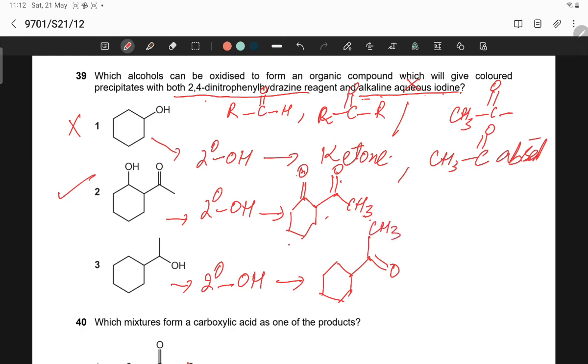So this product also gives a positive test with both 2,4-dinitrophenylhydrazine reagent and alkaline aqueous iodine, because the ketone, this double bond O, is present directly with CH3, so it gives a positive test with both reagents. So this is also correct. So if statements 2 and 3 are correct, then the option is C.